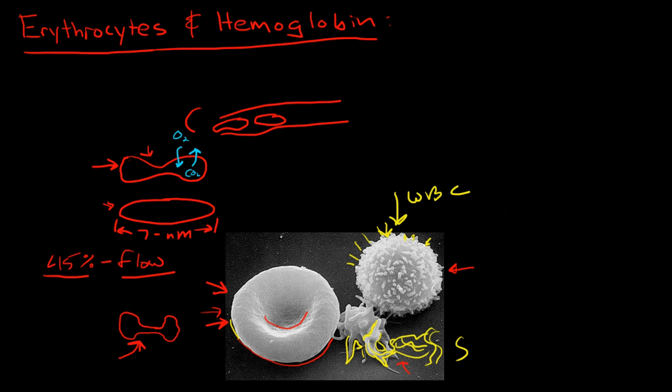So it can't fit through as a biconcave disc. Now, when it gets out the other end and we expand into a large vein again, then the red blood cells can resume their normal shape. So they have what's called shape memory.